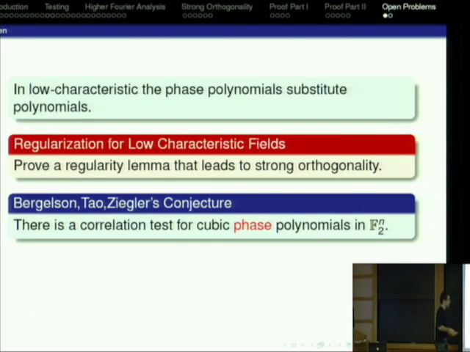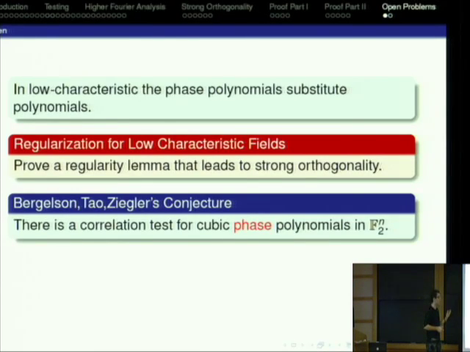Another problem, which is actually one of the motivations which started this work, but we couldn't solve it, is the following. This is a conjecture by Berger, Santana, and Ziegler, which basically says that there is a correlation test for cubic phase polynomials in F_p^n.